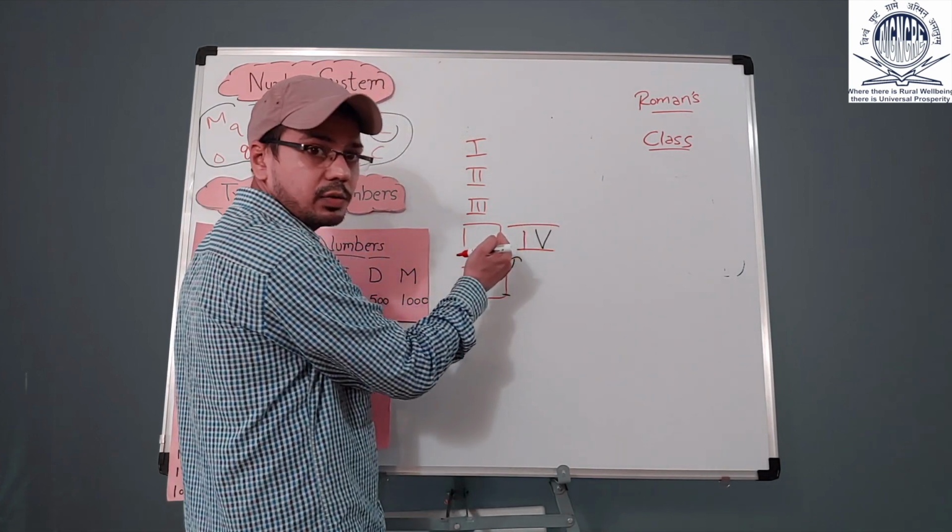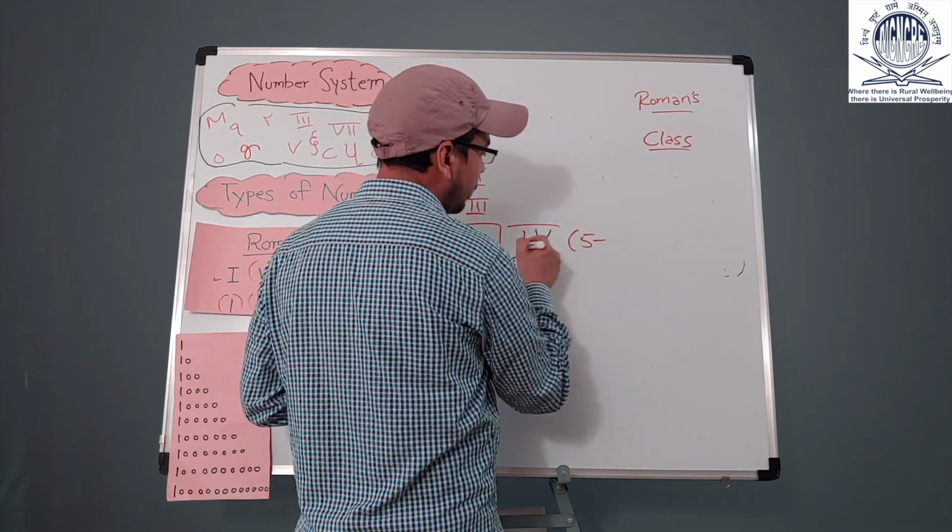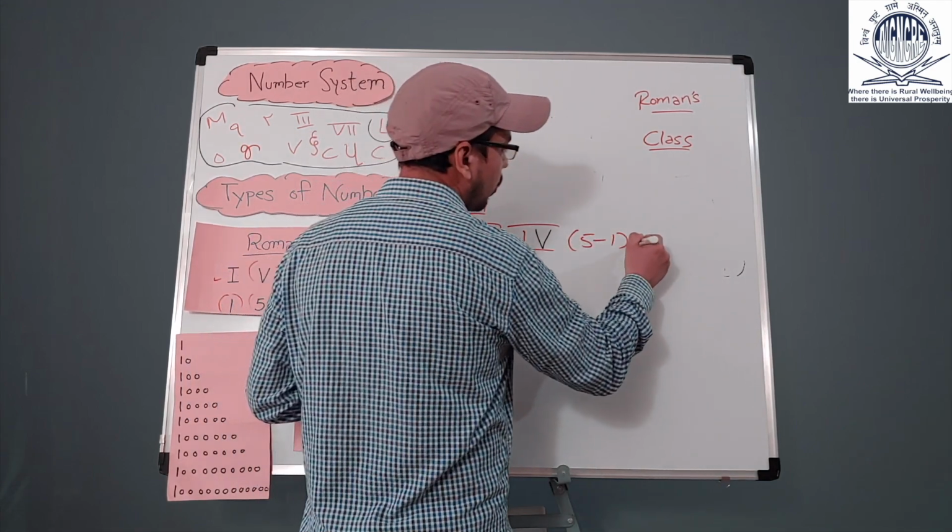If it comes before, it will get subtracted. So if this represents 5, then this will be essentially 5 minus 1, which gives me 4.